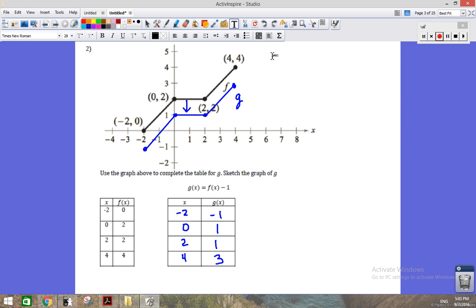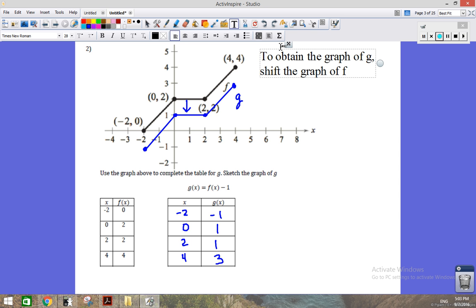So to obtain the graph of g, we shift the graph of f, which in this problem is serving as our parent function.